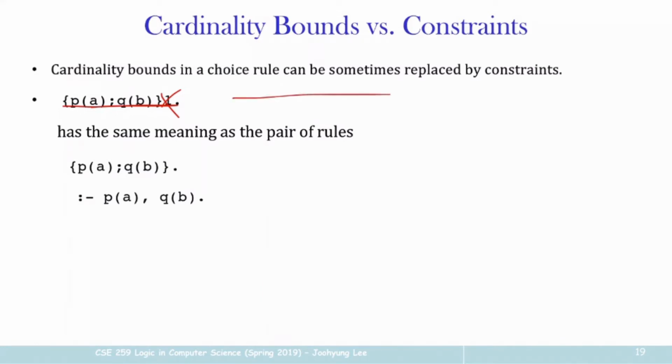Here we have the empty set, P of A, Q of B, and P of A with Q of B. Cardinality of the set means how many elements are in the set. So the first one, the cardinality is 0, this one is 1, this one is also 1, this one is 2. Up to 1 means that we don't get this last one. So there are only 3 remaining.